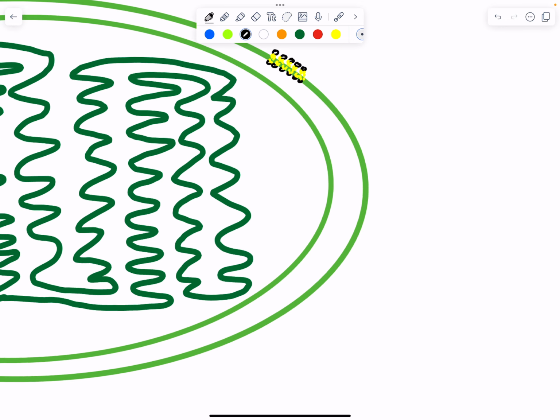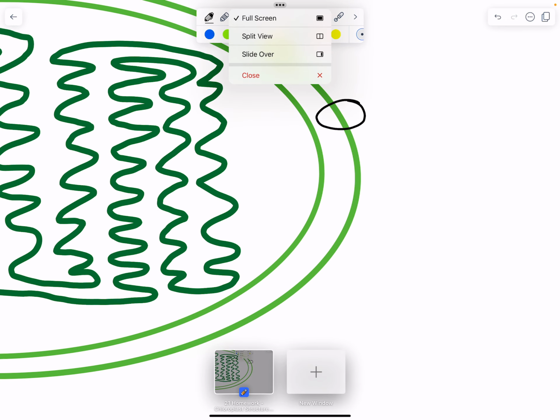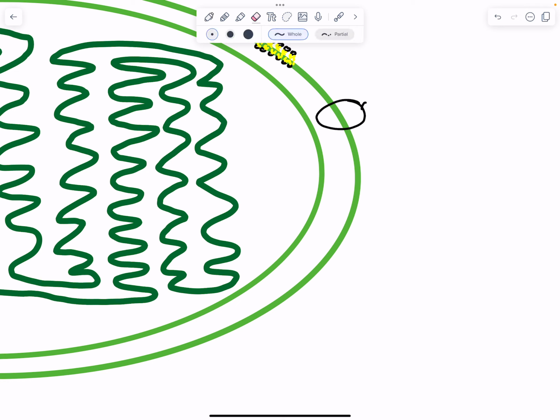Intuitively, this first membrane on the outside is called the outer membrane.